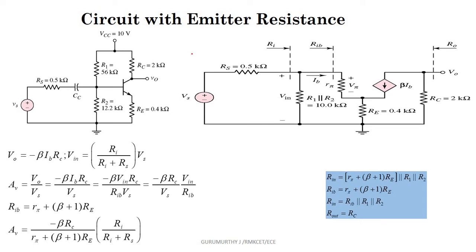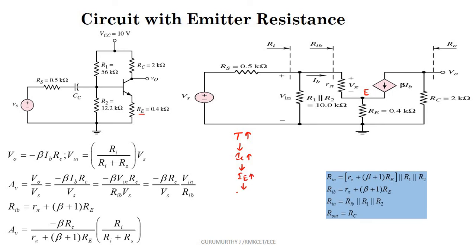Now the circuit with emitter resistance. We consider this Re resistance and we draw the equivalent, and we have this Re present between emitter and ground. That is the difference between the previous circuit and this circuit. If you consider the presence of Re, when temperature is increased, my collector current is going to increase. If my collector current increases, my emitter current also increases.